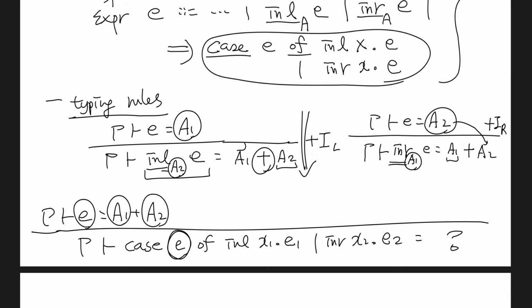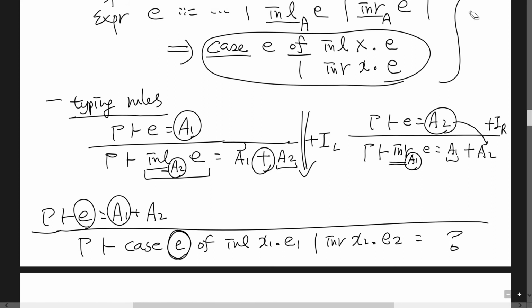So we have the first case where this type A1 has been used. So we analyze this branch. Now, we'd like to find out the type of expression E1. But in this case, we assume that expression E has been created with type A1, and the value is going to be stored in this variable X1.